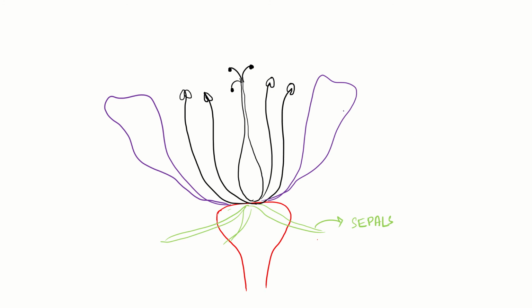Okay, what is this one? This is petal. What is this? This is stamen or androecium. What is this one? This is the style.